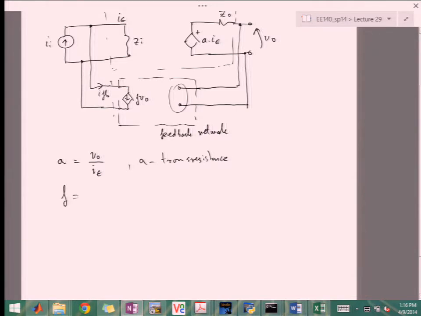F will be I feedback over VO, and here F is a transconductance. That means that T, which is AF, is unitless. And this is always the case. The loop gain will essentially always be a unitless quantity, because whatever you feed, the same quantity will come back at that point.